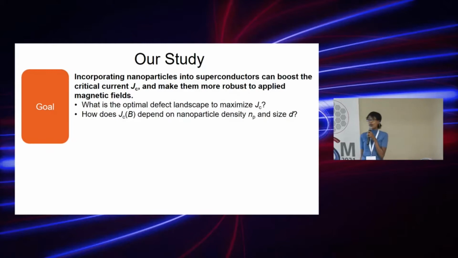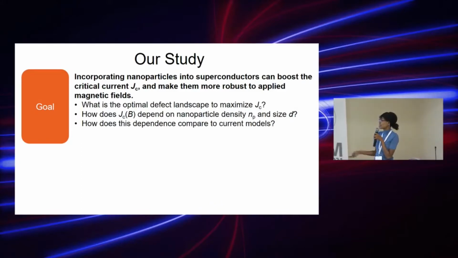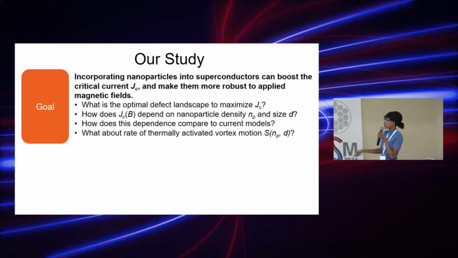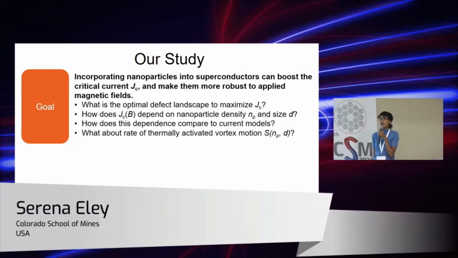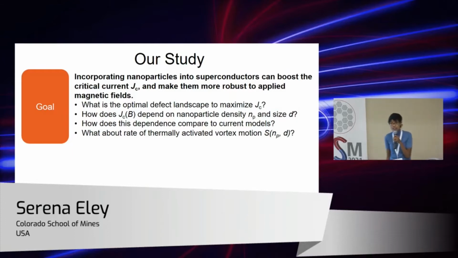So in this study, we wanted to look very specifically at how the field dependence of Jc depends on the nanoparticle density and size, and then how our experimental results compared to recent results from strong pinning theory based off of these time-dependent Ginzburg-Landau simulations. And then lastly, we wanted to look at how the rate of thermally activated vortex motion also depends on the nanoparticle density and size.